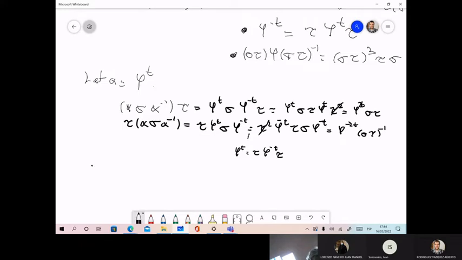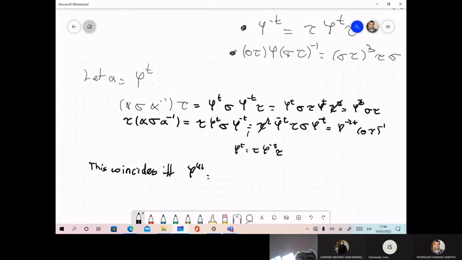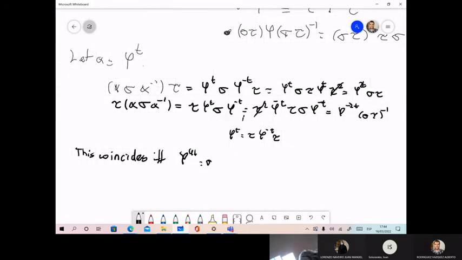So moving phi to minus c minus 2t, or sigma tau to the other side, and conversely, this coincides if and only if phi to the 4t equals sigma tau squared, sorry, sigma tau to minus 2, which is just phi to minus 1.